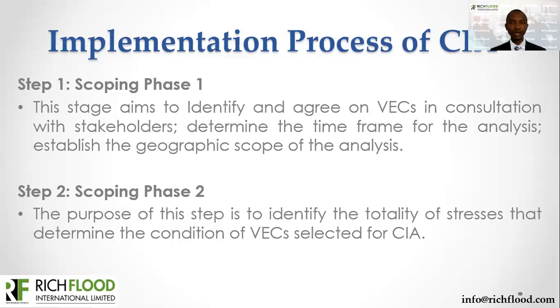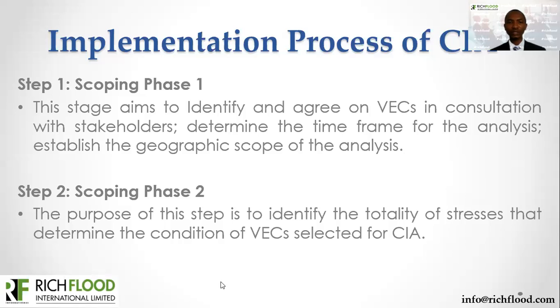And this stage aims to identify and agree on the valuable environmental components, which have to do with the environmental components of your project, such as the biophysical, the biodiversity, the soil, the water, in terms of surface and groundwater. All these are valuable environmental components, and this is done in consultation with stakeholders.